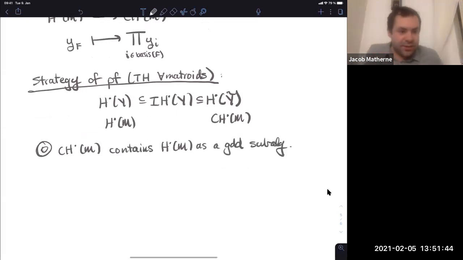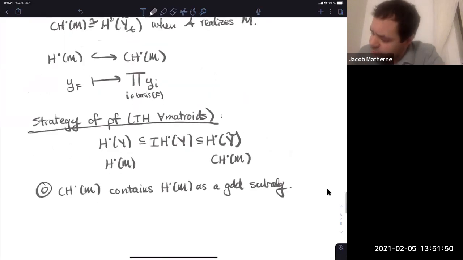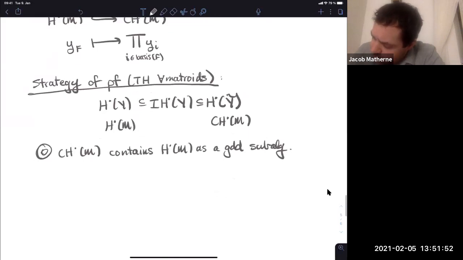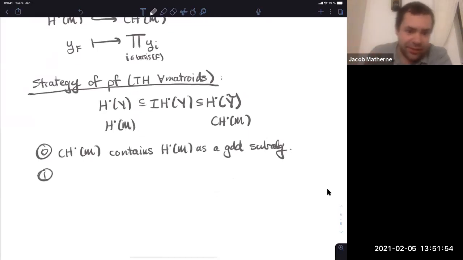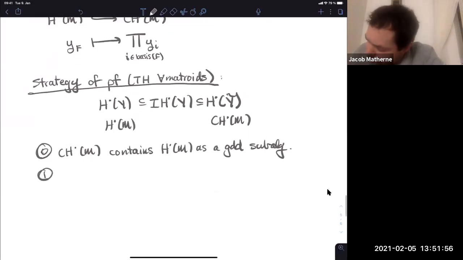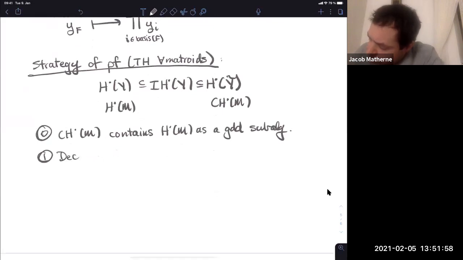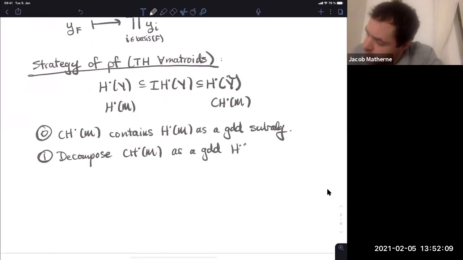The augmented Chow ring contains the graded Möbius algebra as a graded subalgebra via this injection up here. So now H of M acts on it, and I'm going to decompose it. So decompose the augmented Chow ring as a graded module over the graded Möbius algebra.